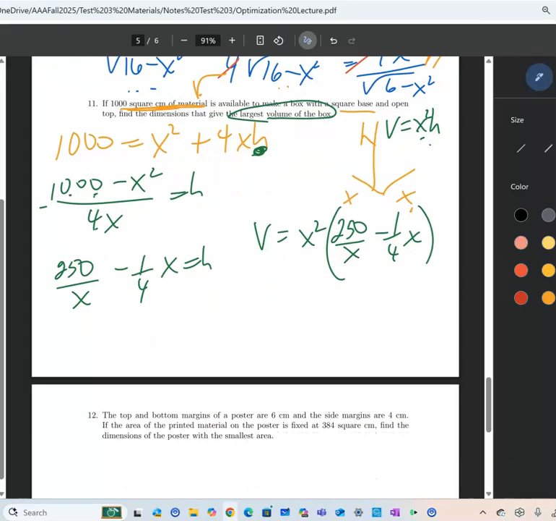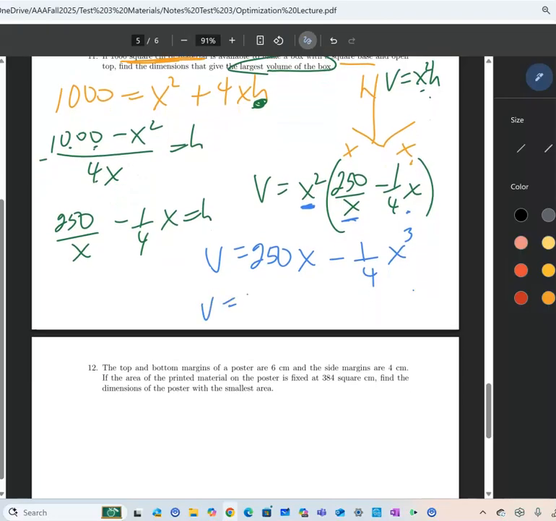All right, so now I'm going to multiply this out. I'm really not a fan of doing product rule if I don't have to. So if I multiply this times this, I get 250x. Well, that's kind of nice. And if I multiply this times this, I get minus 1/4 x cubed. Okay, let's take the derivative. So this would be 250 minus 3/4 x squared.